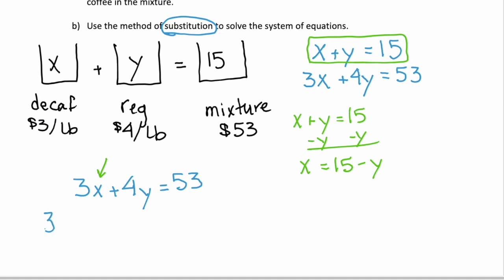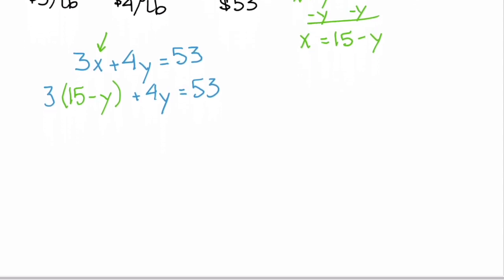So I have 3 times 15 minus y, that's my x, plus 4y equals 53. Let's distribute the 3 through the parentheses. That gives us 45 minus 3y plus 4y equals 53.